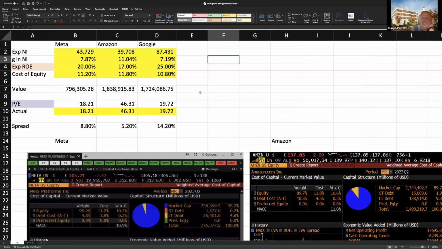So they're trading a premium not because of the growth, but because of spread and a slightly lower cost of equity. That's why Google's trading at a premium to Meta. Okay. And as was said at the beginning, there's a little bit of an apple and orange here because Amazon's growing for more reasons than just social media, but nonetheless, as a company, it's the Amazon growth rate that's really differentiating their PE. And all of these companies have pretty high cost of capital.